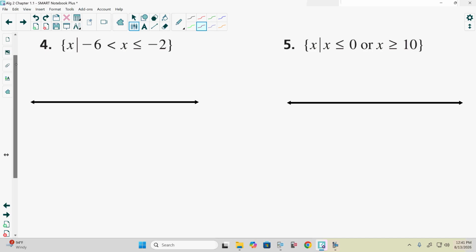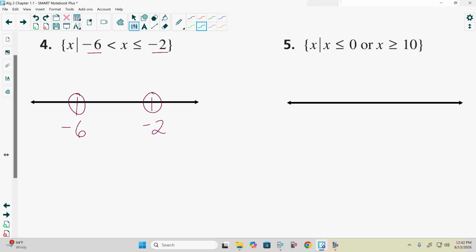Now, for this one here, we do have two endpoints, yes? So on the homework, I'd make 2 points or 2 marks on my number line. So I draw a number line, make 2 spots. Negative 6 is the smaller one, negative 2 is the bigger one. At negative 6 and negative 2, we're going to have circles.